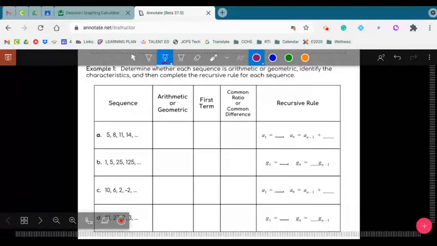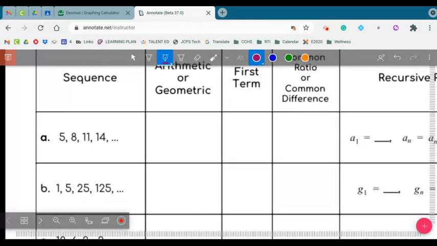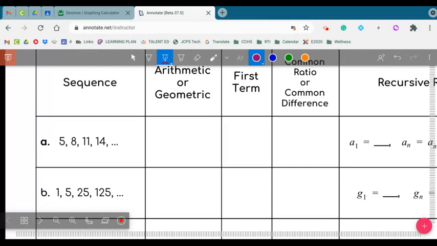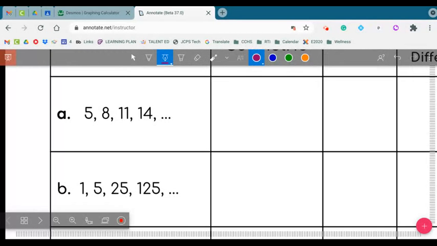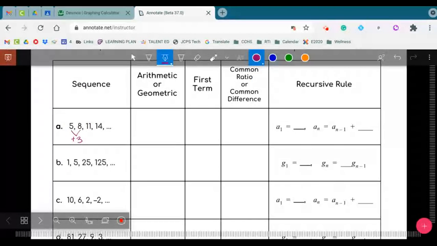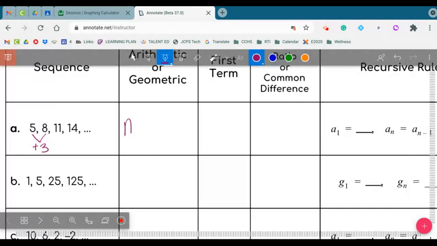Okay, let's go down. What we're going to do on each of these is identify whether it's arithmetic or geometric, identify the first term, and then identify the common ratio or difference. We're then going to plug it into our rule. So the first one, we go from 5 to 8 to 11 to 14. We're adding by 3. Since we're adding by 3, it's arithmetic.